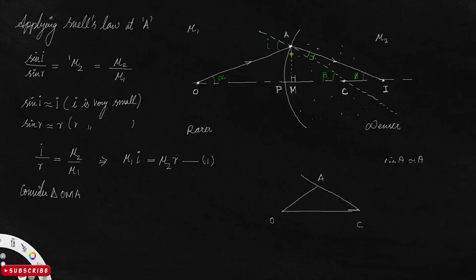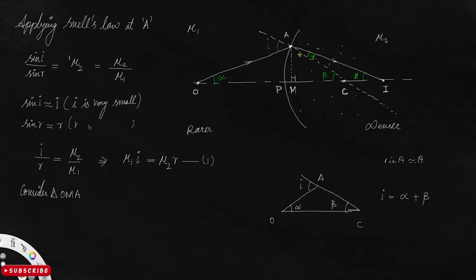Before that, let's look at the different angles. This angle is I, this angle is alpha, and this angle is beta. I is the exterior angle to alpha and beta, so I can write I equals alpha plus beta. That is according to the property of the triangle: exterior angle equals the sum of the other two interior angles.